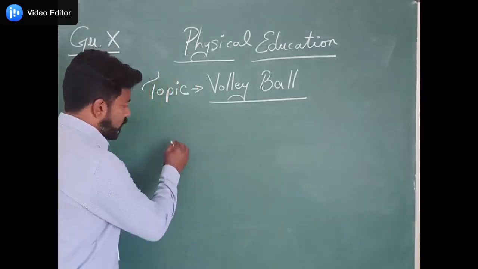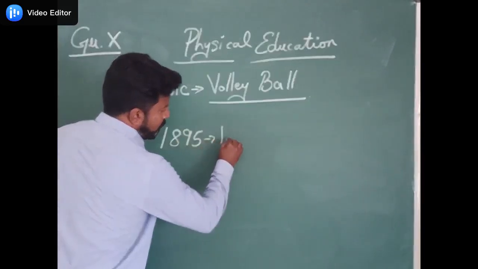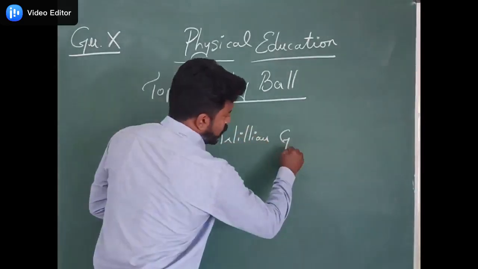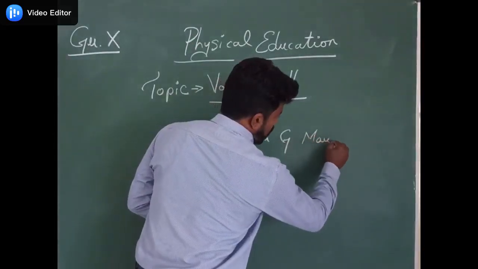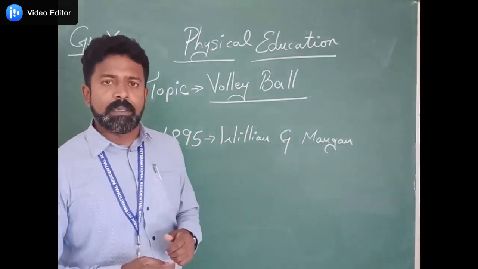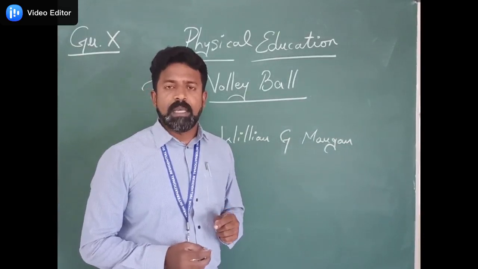So in the year 1895, William G. Morgan is the person who invented it. In the beginning stages, he named the game Mintonette.